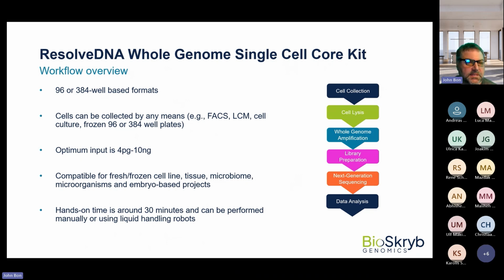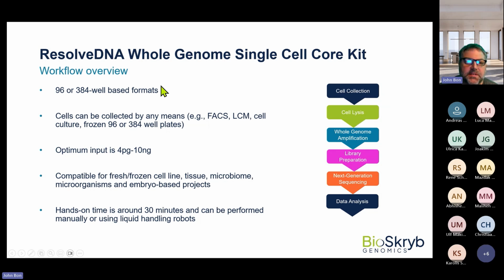You need to get your single cells in wells, and using a FACS machine is the standard way to do that. You can enrich with cell surface markers and use FACS to get the cells in wells. The cell collection piece, which I'll talk about in a few slides too, and bring up again, is very important because our technology works best with fresh, frozen, or fresh cells and not fixed cells.